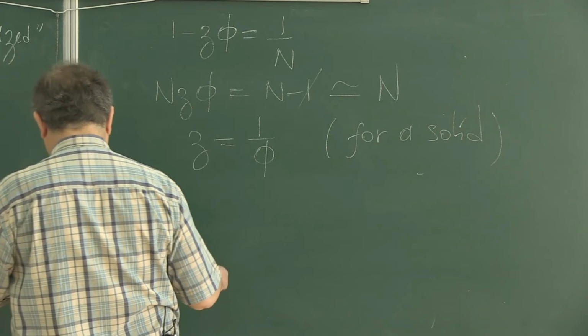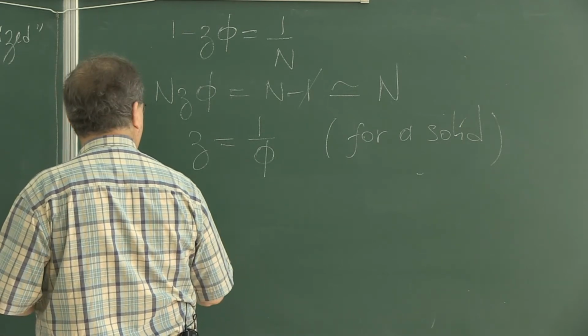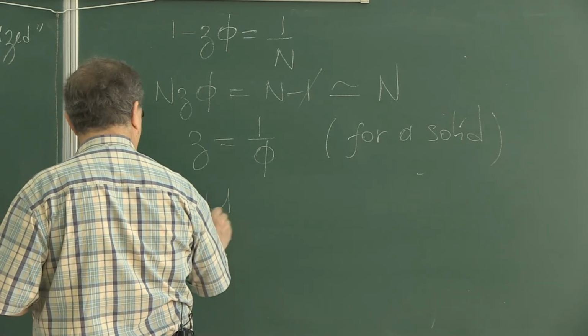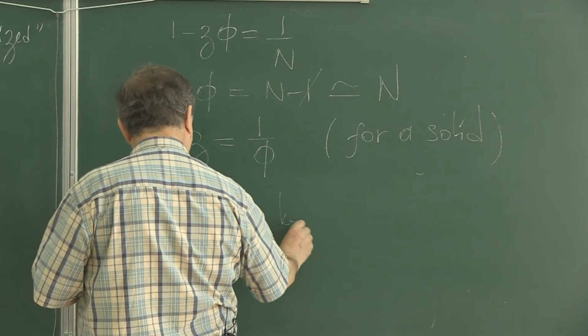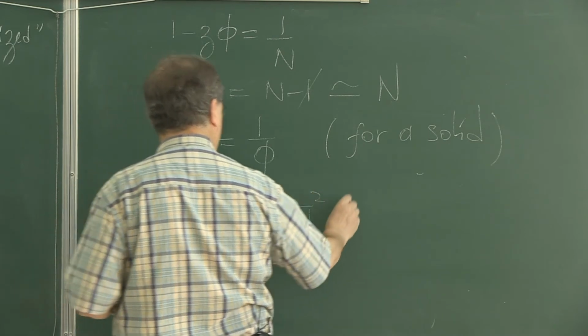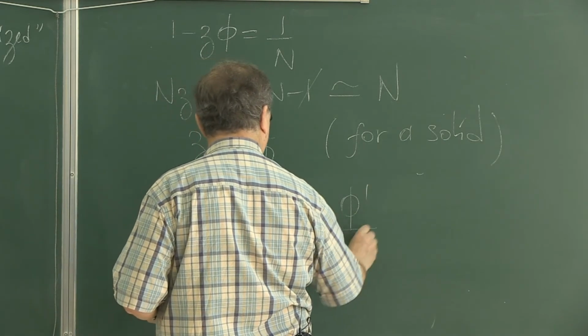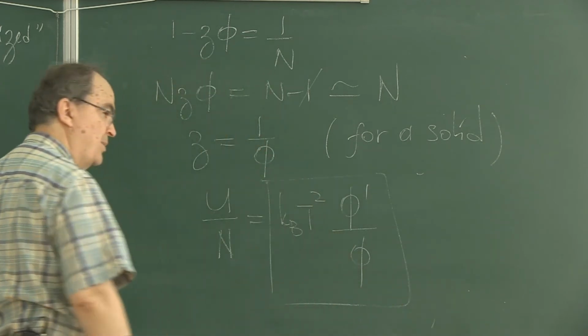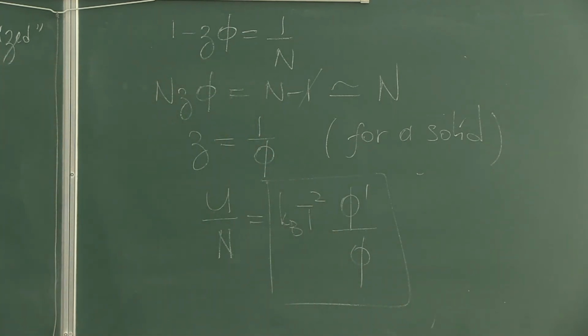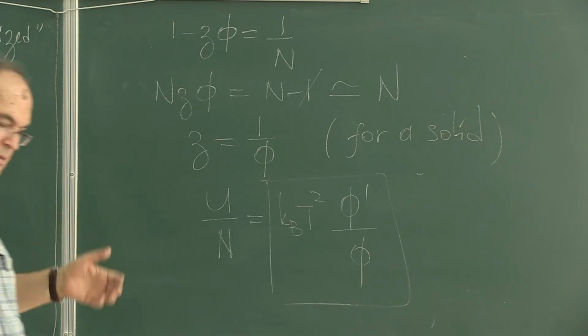So this gives us energy per particle as kB T squared phi prime over phi, completely in terms of the single particle canonical partition function. If you know that, you know energy.